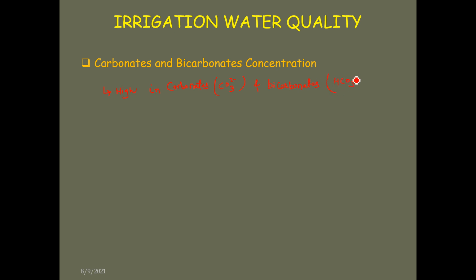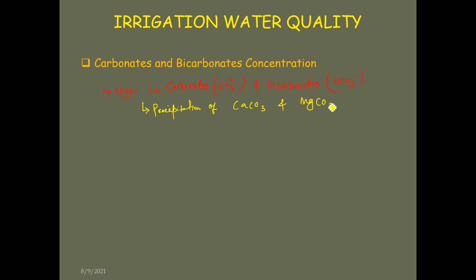So if the water is high in carbonates and bicarbonates, then what happens? There is precipitation of calcium carbonate, that is CaCO3, and magnesium carbonate, that is MgCO3.